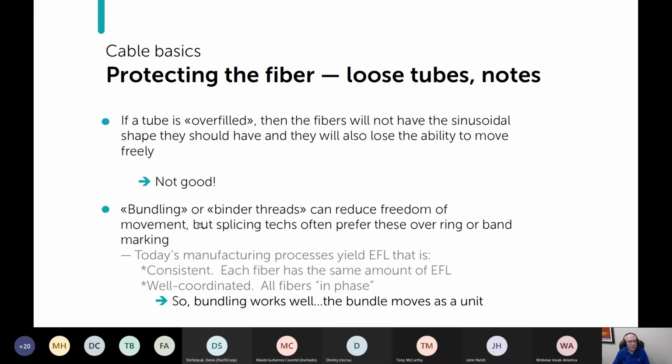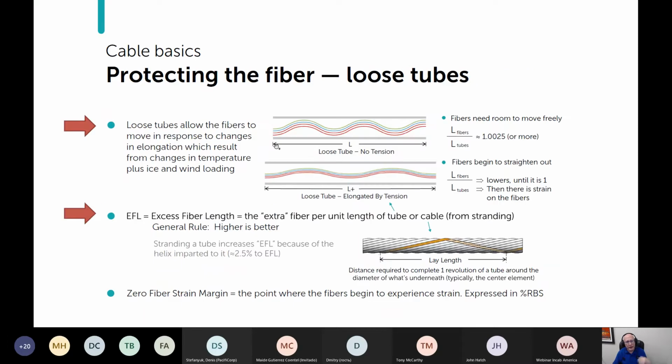Bundling or binder threads are a concept that you need to understand, because as fiber counts have increased in cables, so I've been doing this for a long time, since basically the early 90s. And in the early 90s, an 8 fiber cable was a high fiber count cable, and a 12 fiber cable was wow.